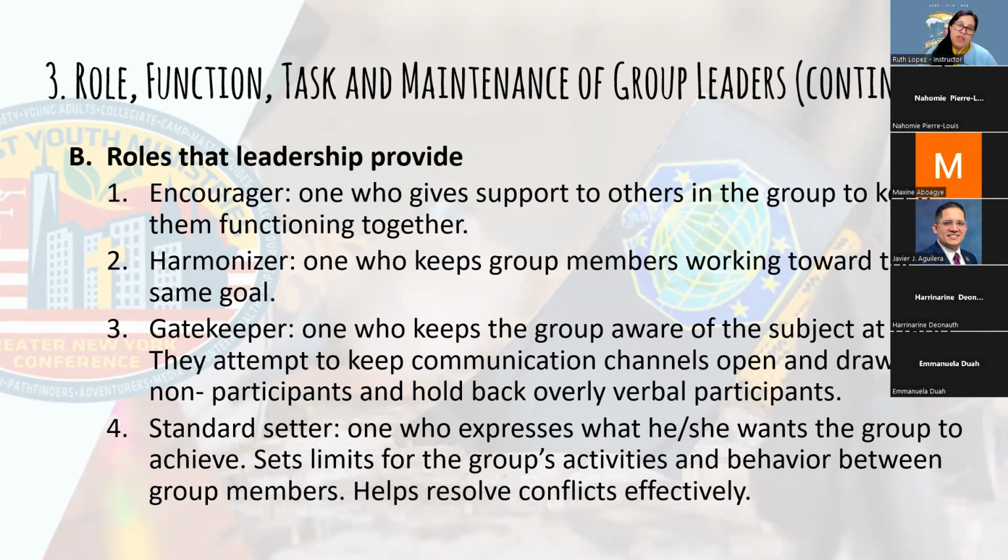Okay, so if there's somebody who's not participating either because they're shy or because they are not sure or they feel nobody's going to listen to their suggestion, the gatekeeper will be the one saying, for instance, Sister Helen, what do you think about this?